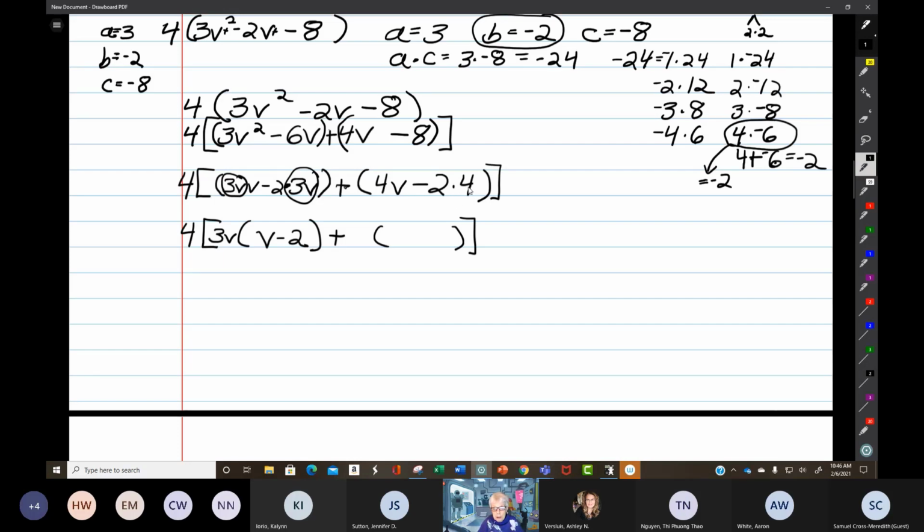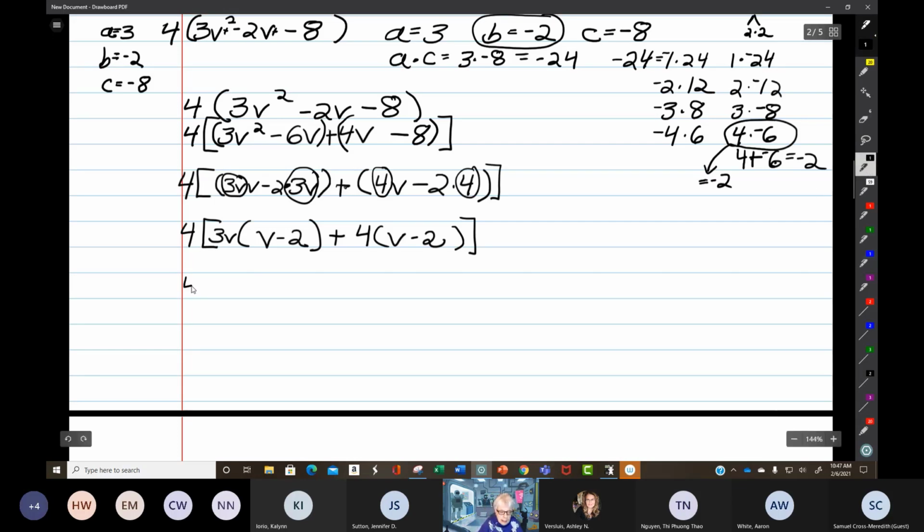So just 4. 4 is going to be my GCF for this set of parentheses. And the leftovers are V minus 2. Perfect. I'm on a roll here because look, the V minus 2 matches the V minus 2. That's kind of a check to say I'm on the right track.